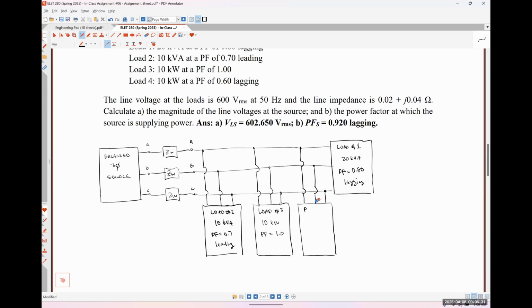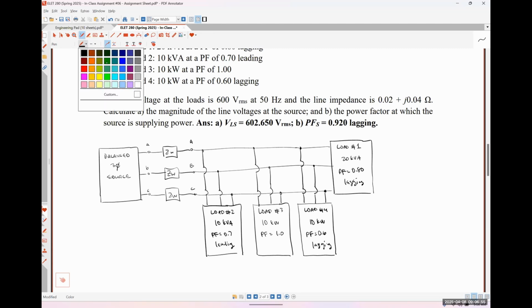And goodness, here's load 4. That's drawing 10 kilowatts at a power factor of 0.6 lagging.